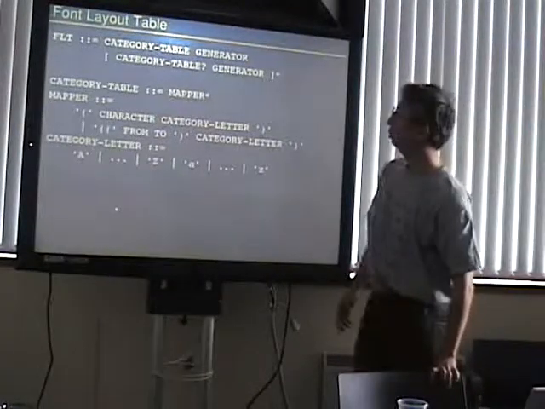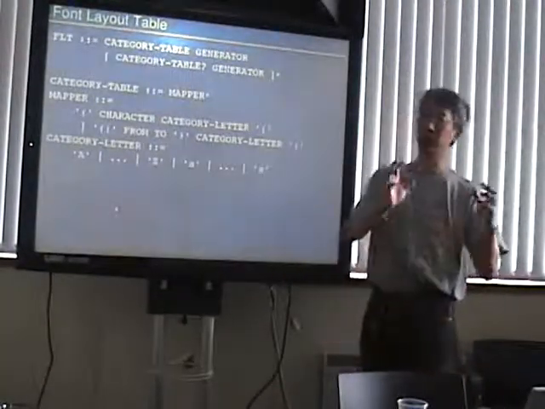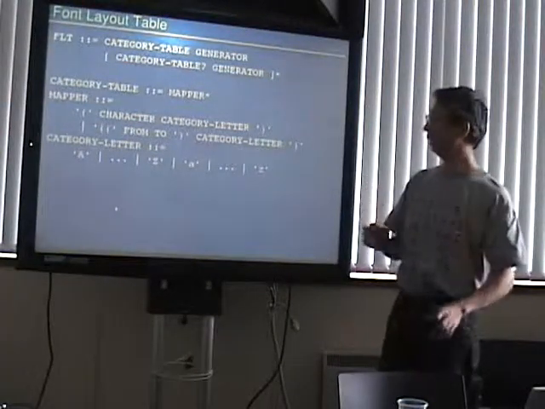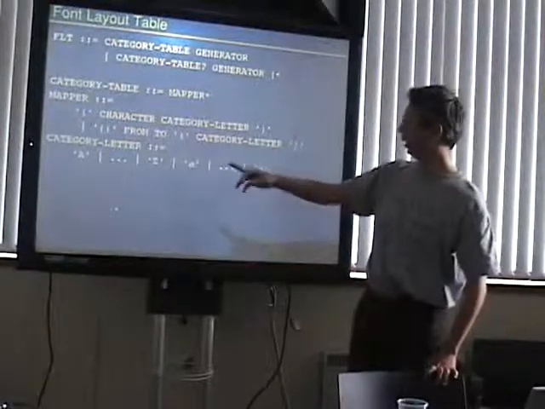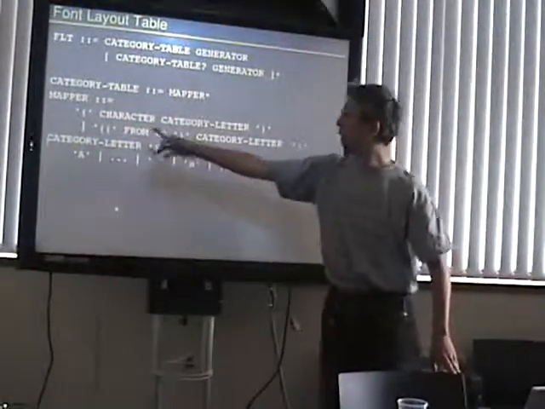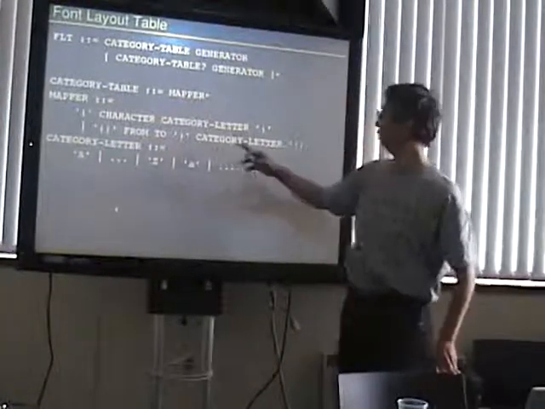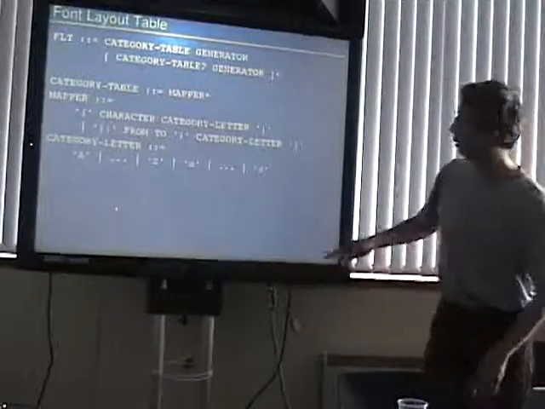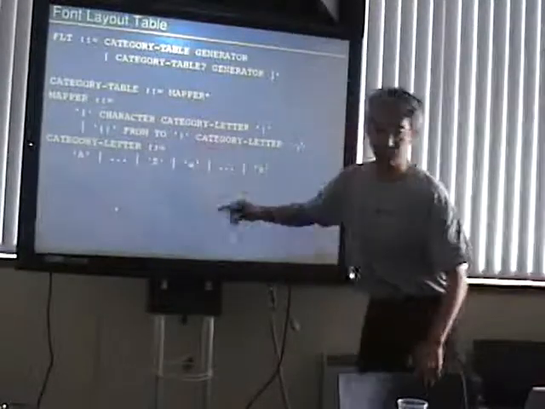This category table is a mapper from character to some category data. We can use a range from A to Z. So we can map a sequence of characters to the same category, or we can map a specific character to some category.